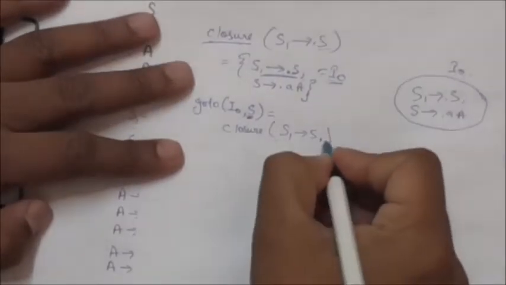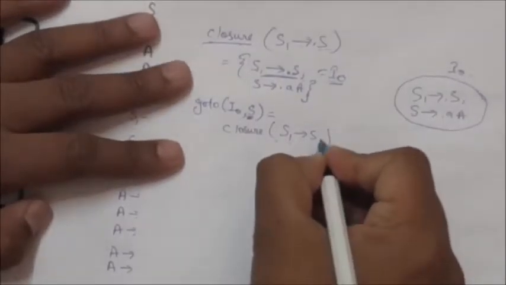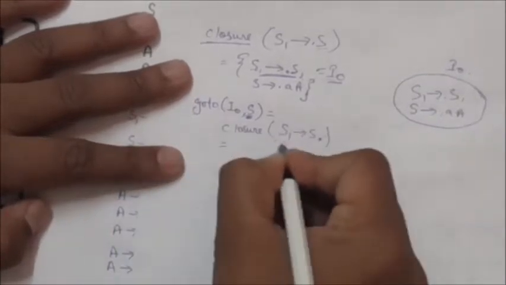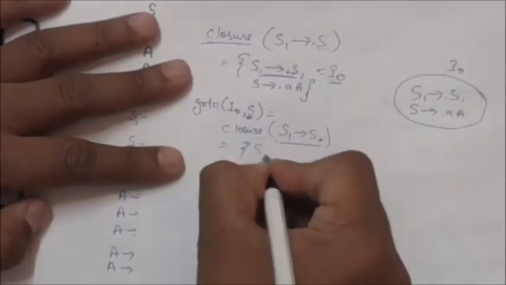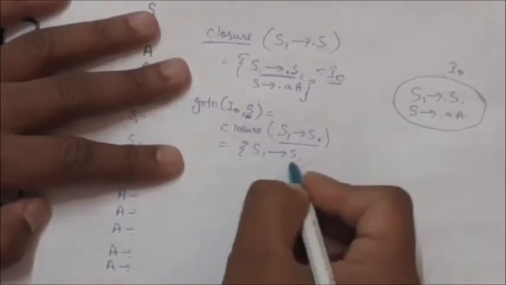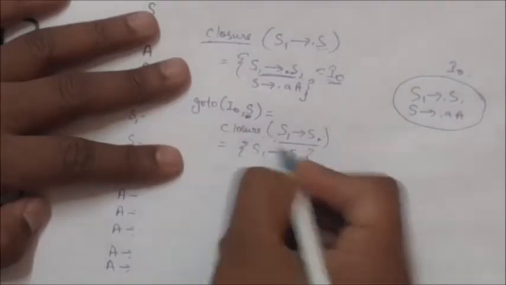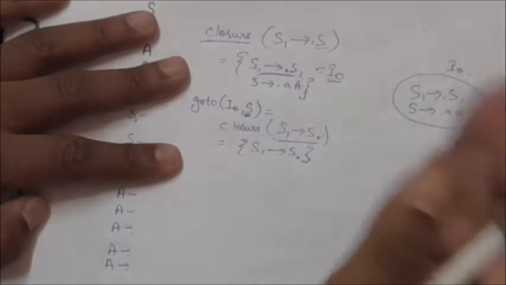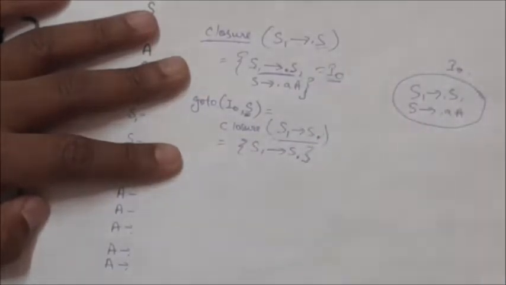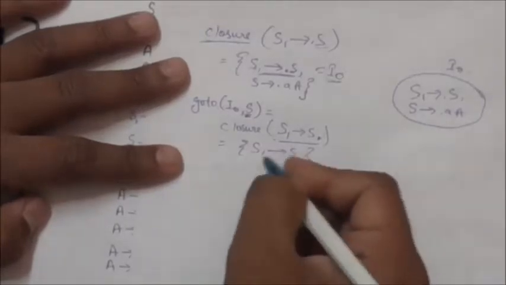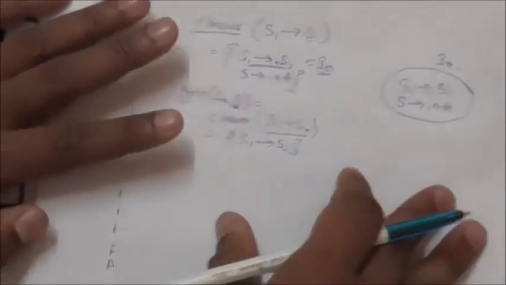As you can see, there is no non-terminal symbol after the dot, so in the closure of this item there will be only one item, that is, this item itself, S1 derives S dot. We cannot add any more items.